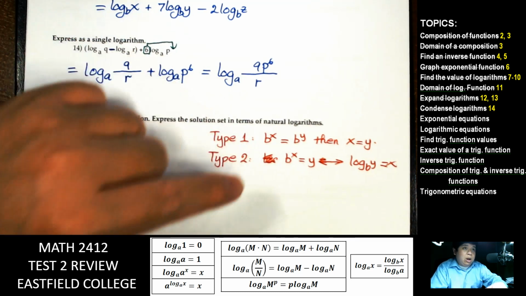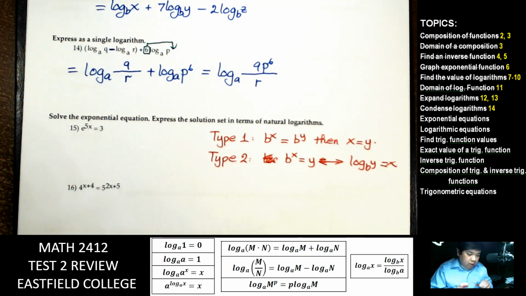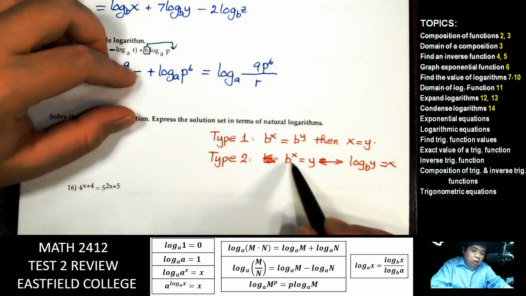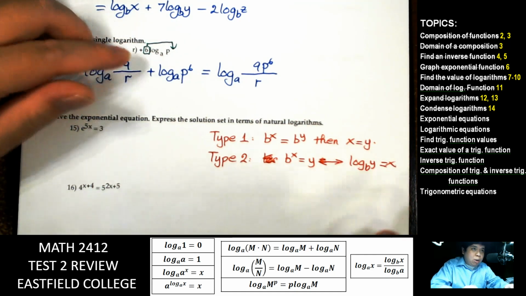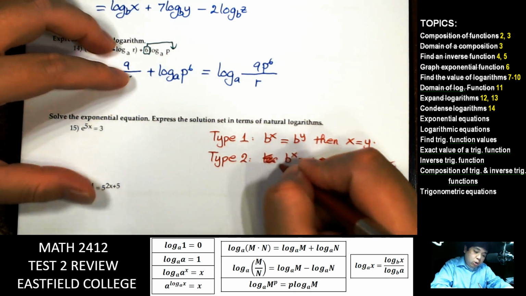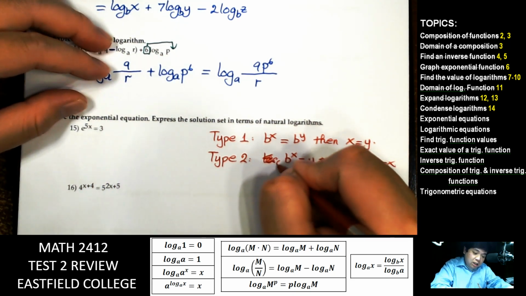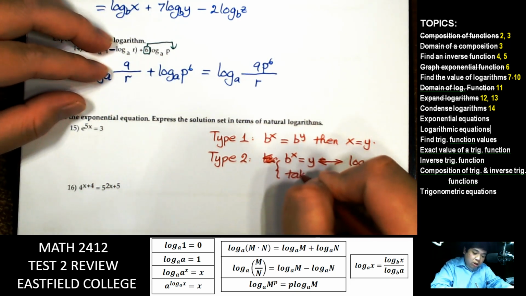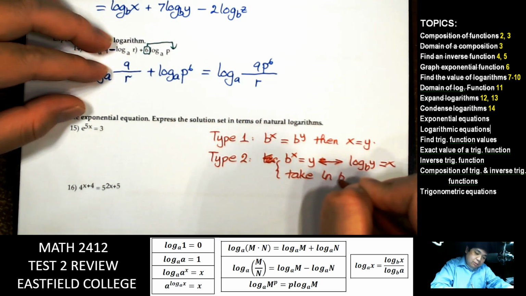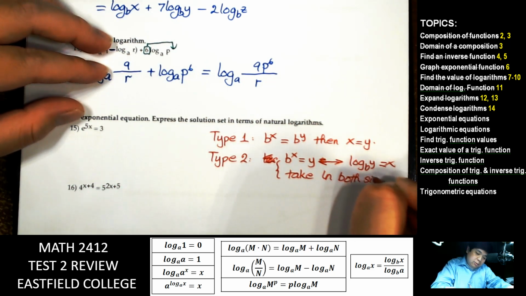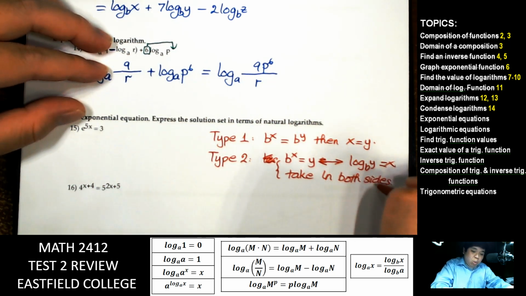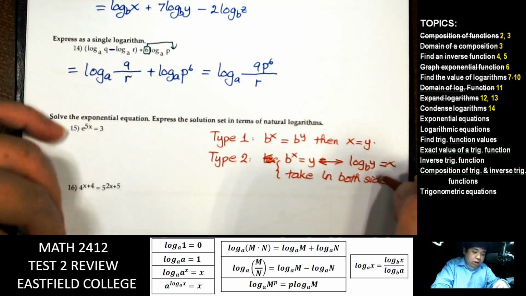When we look at this, this is base e and that is base 3. There is no way the bases are equal, so we can swap to exponential form. And besides swapping to exponential form, another thing we can consider is to take the ln on both sides. Either one of these is fine, we only need to do one.